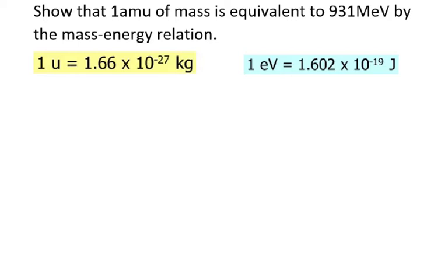So 1 AMU, or 1 U, is the mass equivalency of 1/12 of the mass of an atom of carbon-12, which is 1.66 × 10^-27 kilogram, or 1.66 × 10^-24 gram, depending if you're looking in the chemistry measurements or in physics. So we're using it in physics, and I'm going to use it as 1.66 × 10^-27 kilogram.